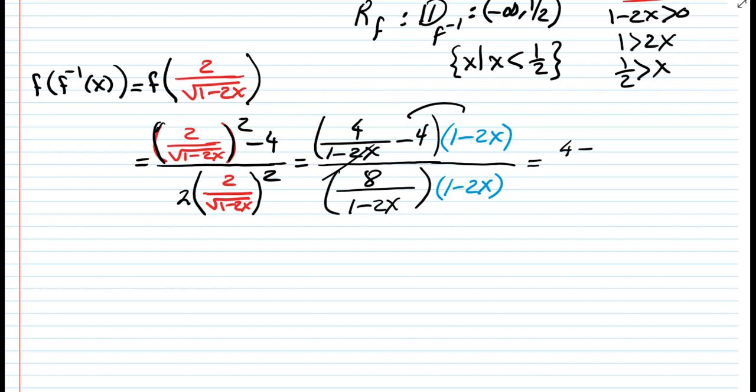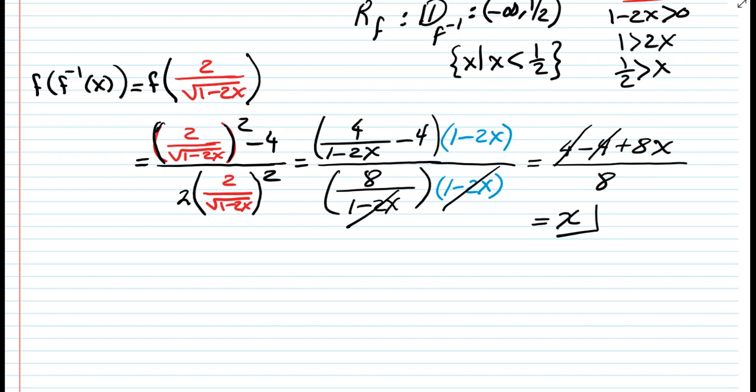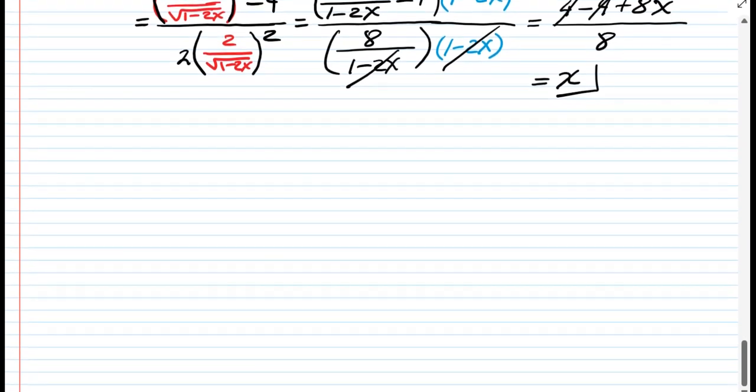And then the second distribution is this one. 1 minus 2x times 4 makes negative 4 plus 8x. You have a pair of opposites. They add to 0. In the denominator, the binomials just cancel. So you get 8x over x, and that's just x. So we showed that composition is just x.